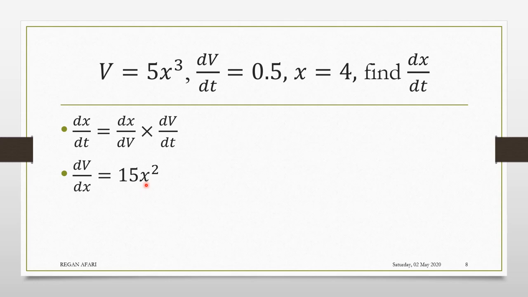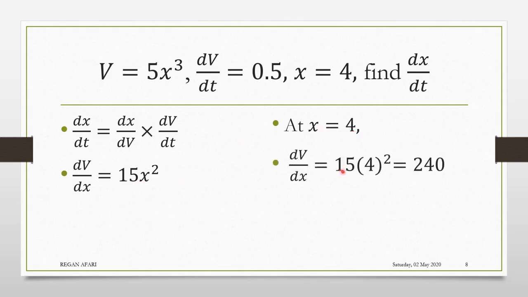Okay, then we would look for the gradient at x equals 4. So we put in 4 in place of x, and then we get 240. So remember that this is dx/dV and this is dV/dx, so we will flip it.